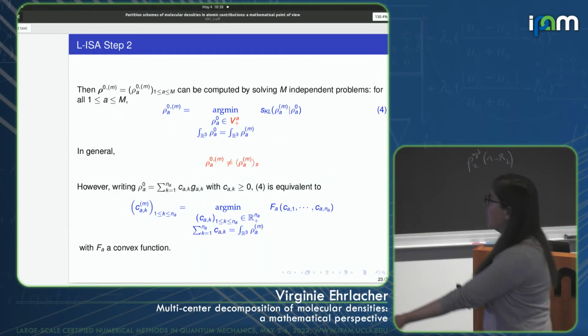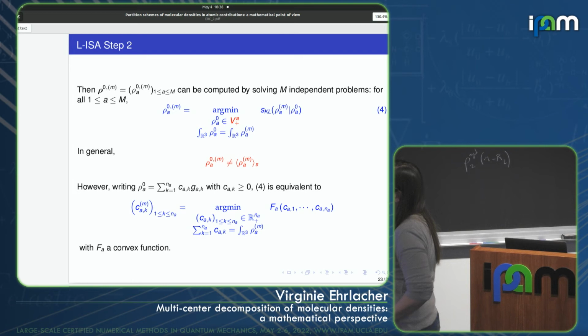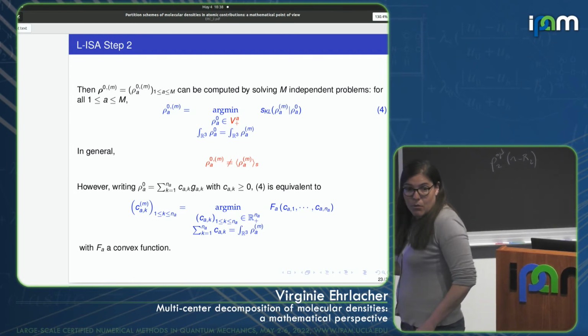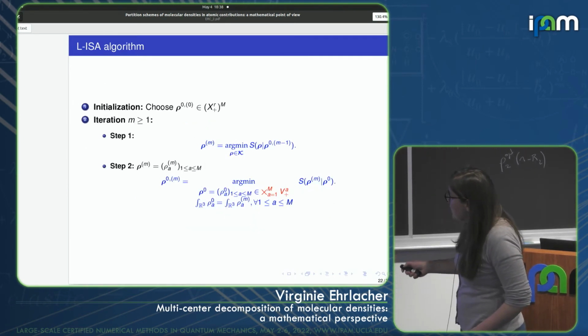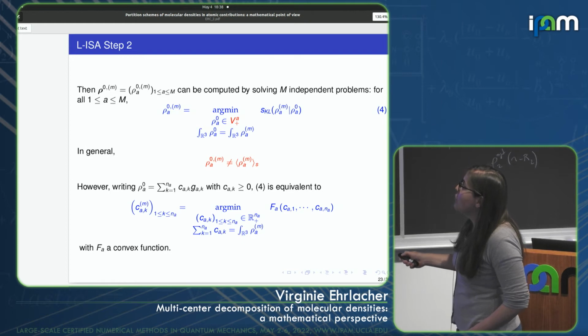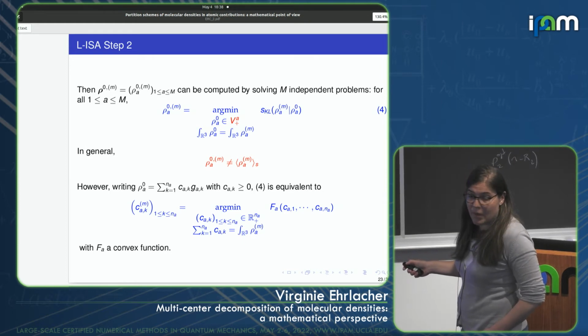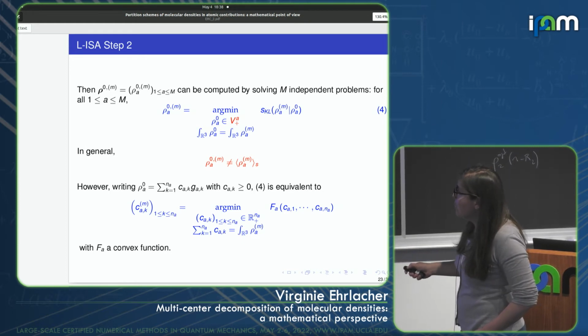Okay? And so, as in the original ISA problem, this step 2 can be decomposed into M independent problems. Okay? Which reads as follows.